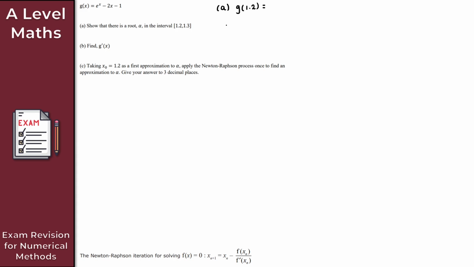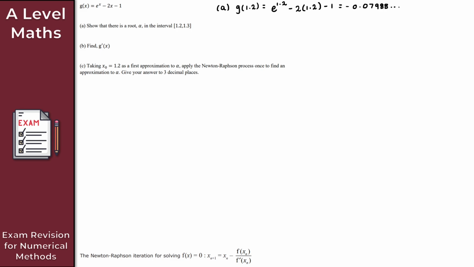So g of 1.2 then, nice and straightforward. Just substitute 1.2 into this function here. We get e to the 1.2 minus 2 lots of 1.2 minus 1. Just put this into your calculator here. And if you do this correctly then, what you should find is we get minus 0.07988, and so on.